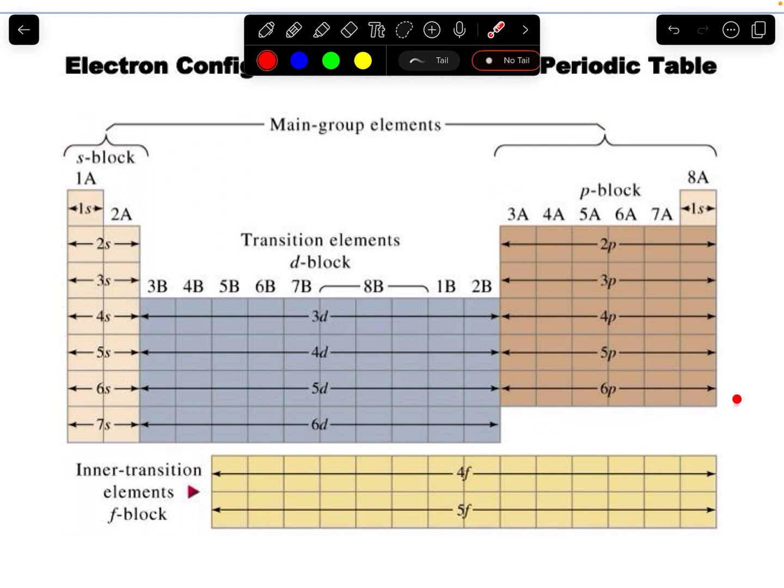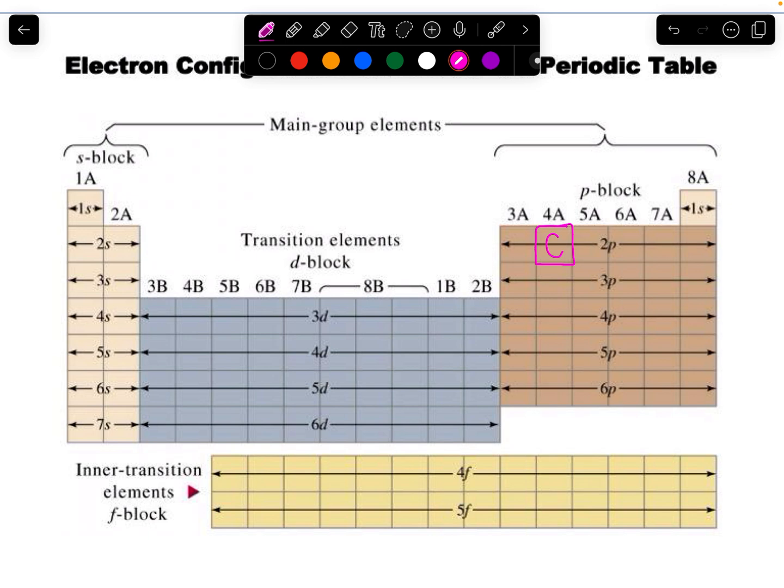This is the P block, the last 6 groups. This is your D block, your transition metals, that's these 10 elements. And then lastly, your F block down at the bottom, these lower 2 groups of elements. So carbon shows up right here on the periodic table.